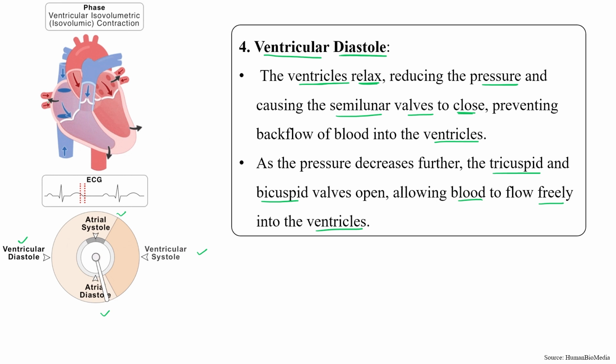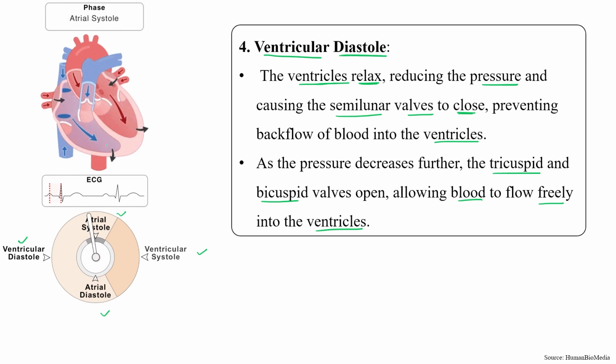Now next. Contraction occurs in the atria, then contraction occurs in the ventricle. So this is how all the four steps occur one by one.